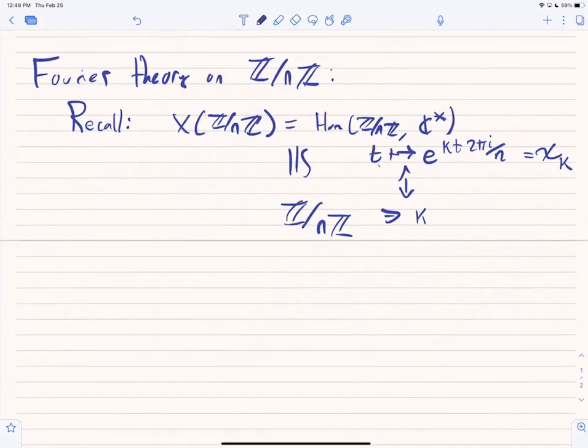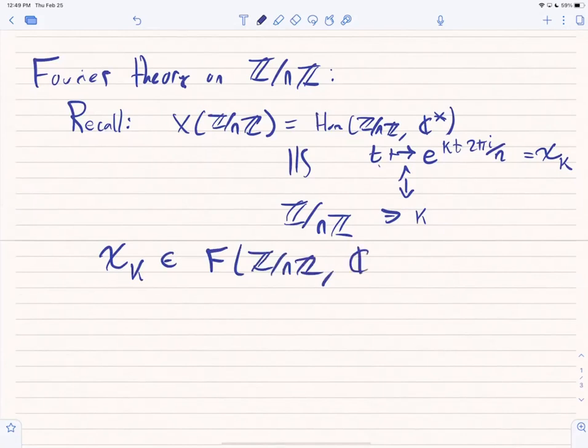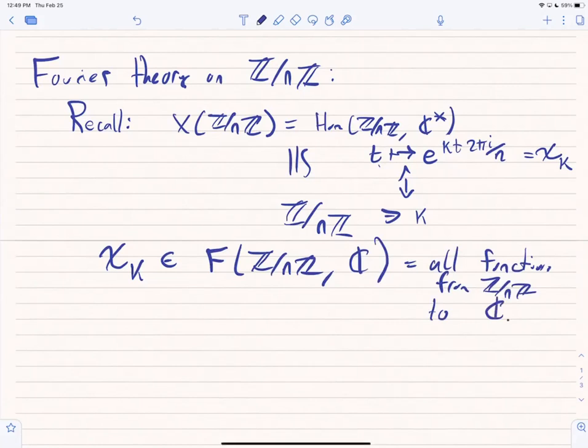These functions chi k live inside the space, let me write F, of functions from Z mod nZ to C. These are all functions from the finite set Z mod nZ to the complex numbers.